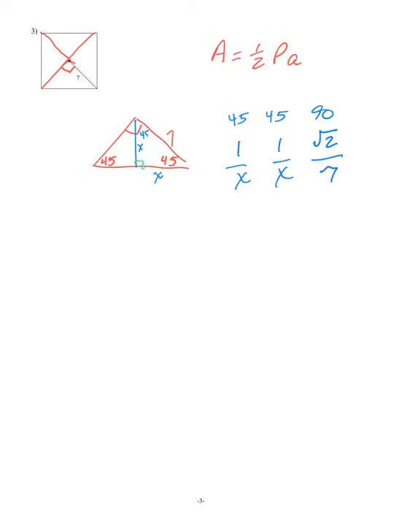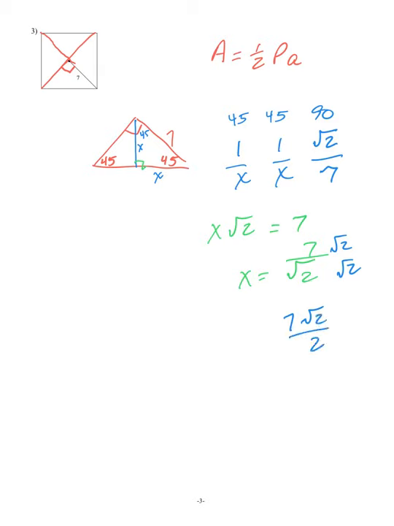Okay? So when we cross multiply, we get root 2 times x equals 7. So x equals 7 over root 2. And you can leave it like that, or you can multiply it by root 2 over root 2 and give 7 root 2 over 2 to get the radical out of the basement.